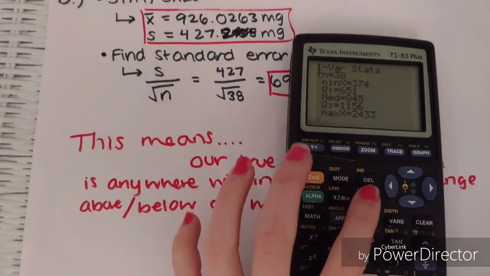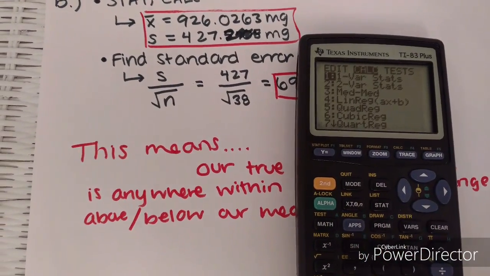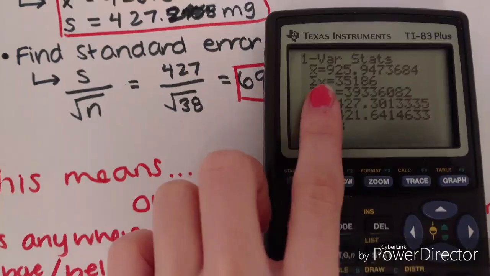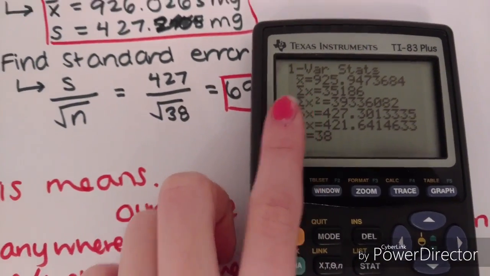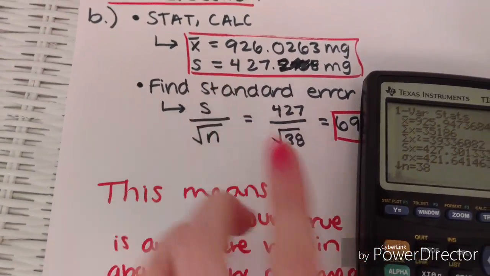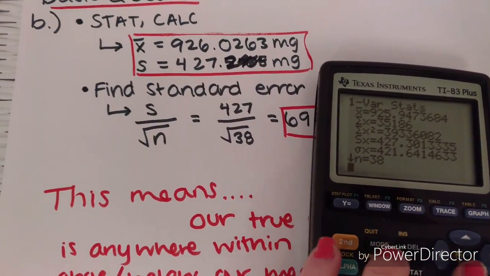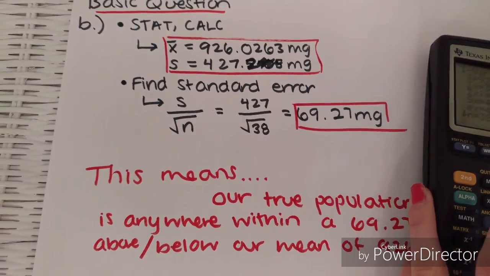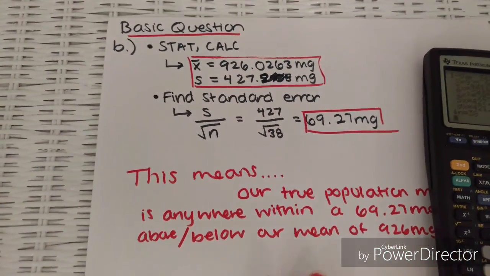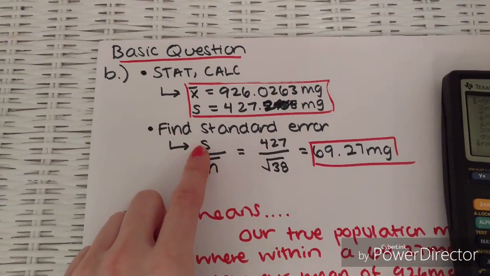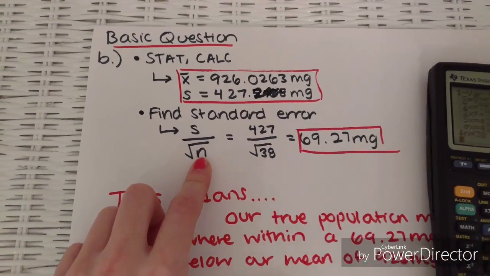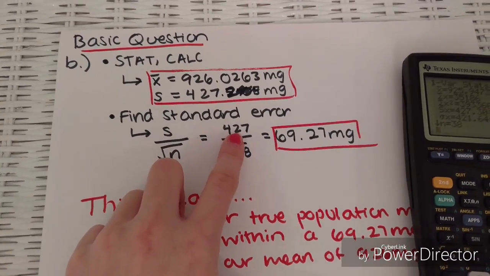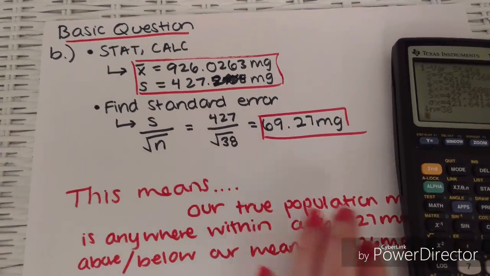Part B of the basic question asks us to calculate the mean, the standard deviation, and the standard error. We do this by going to Stat, Calc, 1-Var Stats, and we're given an x-bar of about 926 milligrams and a standard deviation of about 427 milligrams. To find our standard error, we have the formula our standard deviation divided by the square root of our number of women, so our 427 divided by the square root of 38.